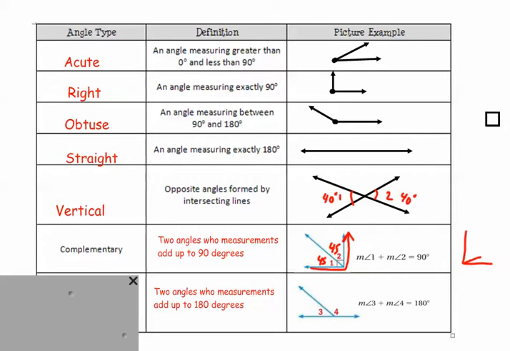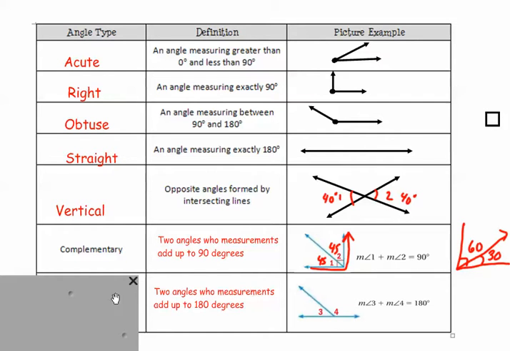Let's say this one were a 30-degree angle. Oh, you can't see that at all. Let me try it bigger. Doesn't look really 90, but if this is a 30-degree angle, then 30 plus what has to equal 90? Because we know this is a 90-degree angle. That would be 60. Those two together add up to 90.